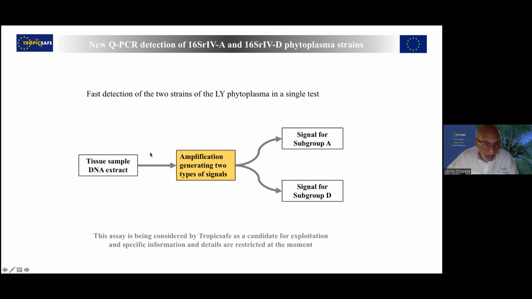But in a few words, you take the sample, and then amplification takes place within the system. It can generate two different types of signals. One is a signal for group A and another one for group D. Then you can see through the monitor whether you have subgroup A or subgroup D, or maybe both.